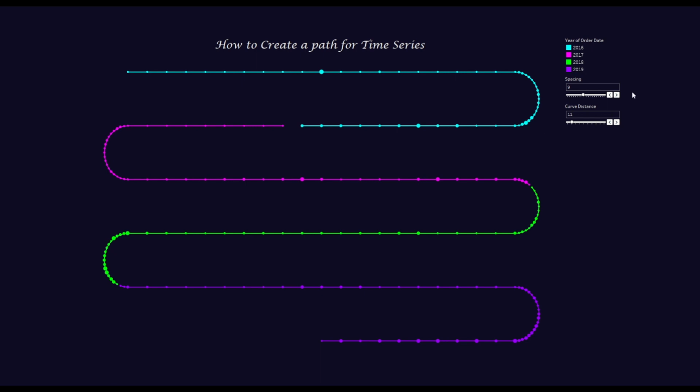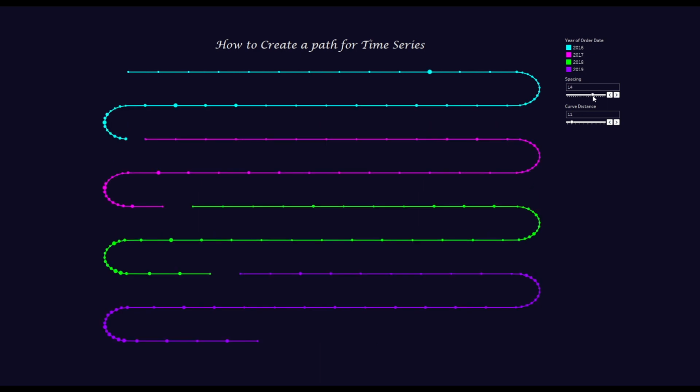On the right hand side, you can also see two parameters. One is spacing and the other is curve distance. Spacing is basically just to increase or decrease the space between two points. If you have so many points that they overlap each other, you can increase the spacing and the curved path will go further till the bottom.